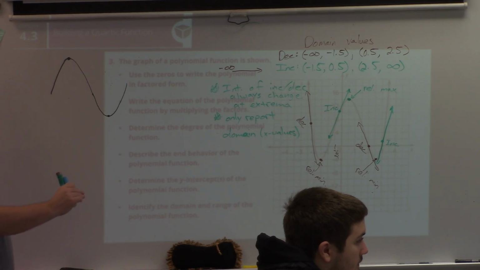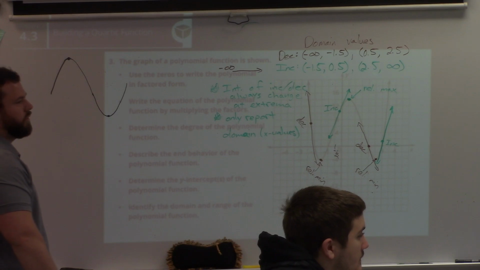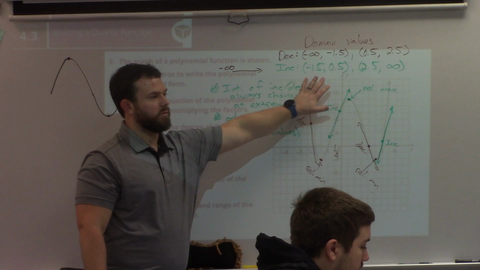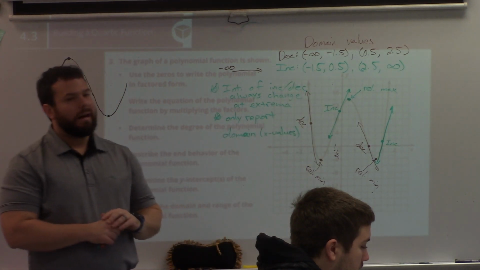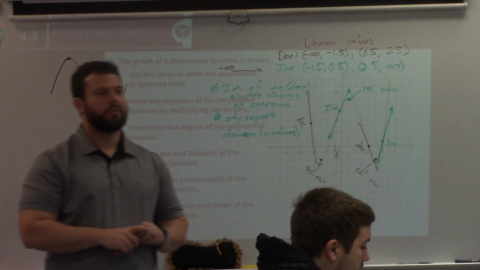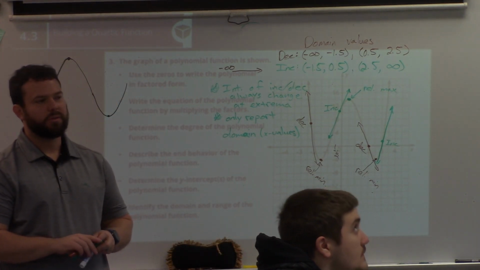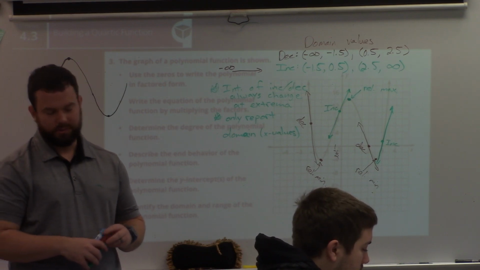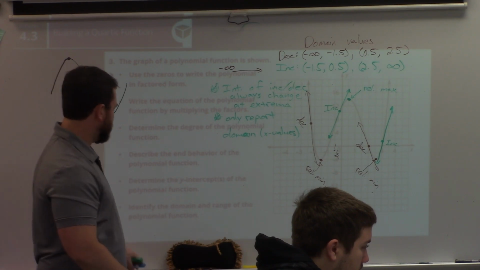It's domain, so just the x values. Remember, we only found x values here, right? Do not report the y values. I know it's the most common mistake, so I harp on it. Just don't make that mistake, it hurts.